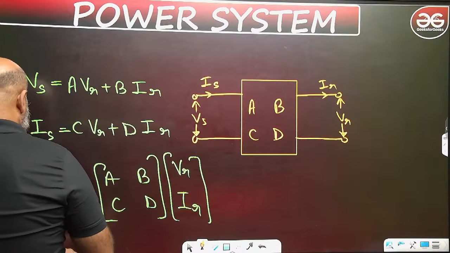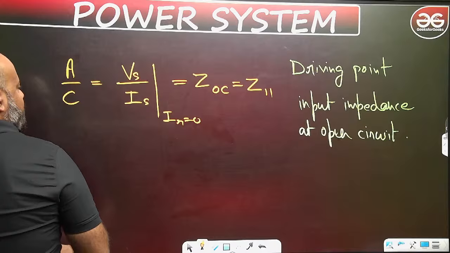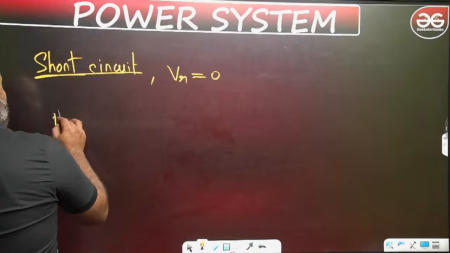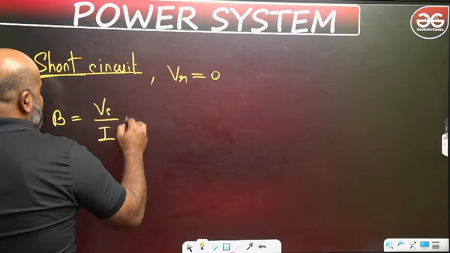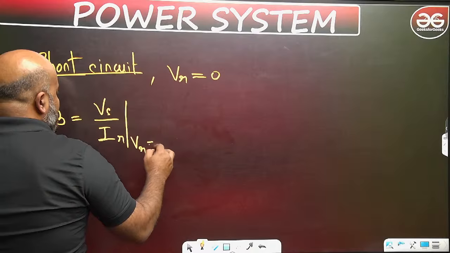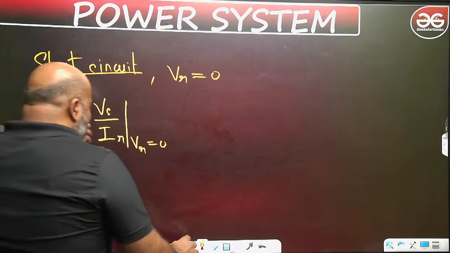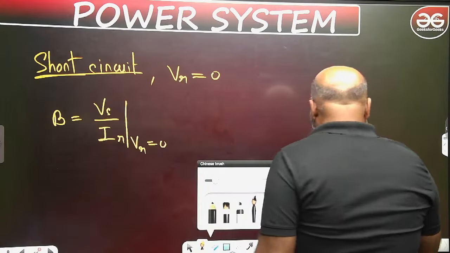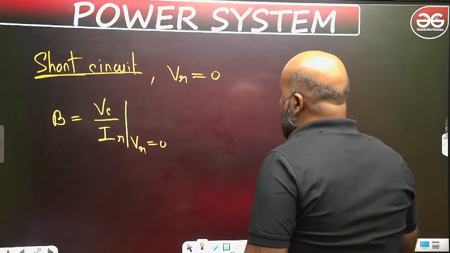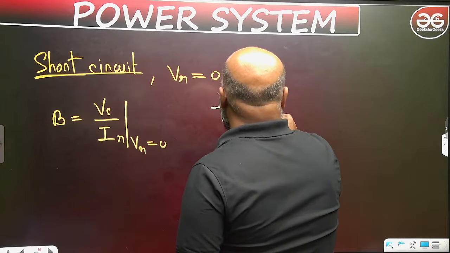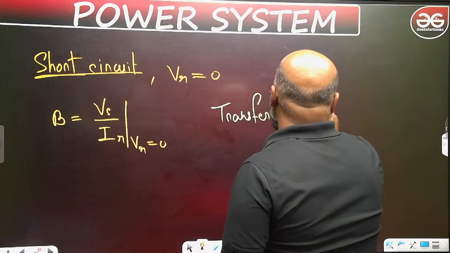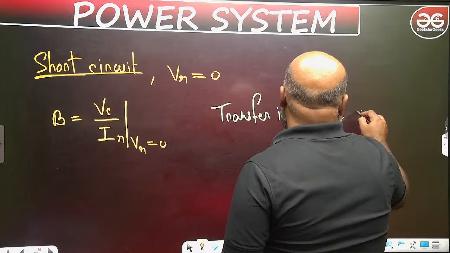B is Vs upon IR when VR is 0. This is the transfer impedance in case of short circuit.